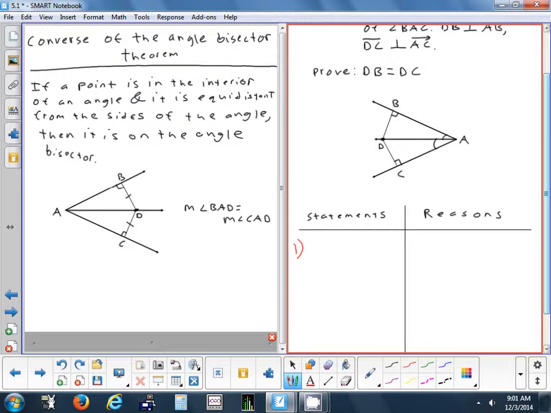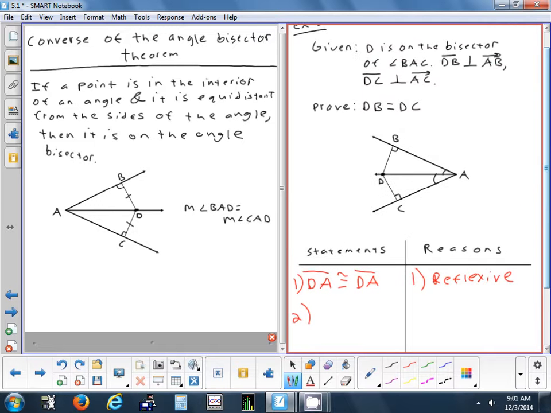Statement one, I'm going to say DA is congruent to itself. DA congruent to DA. What's the reason for that? That's reflexive. Step two, what else do they tell me? Oh, I got a right angle. Angle B and angle C are right angles. Let's write that down.